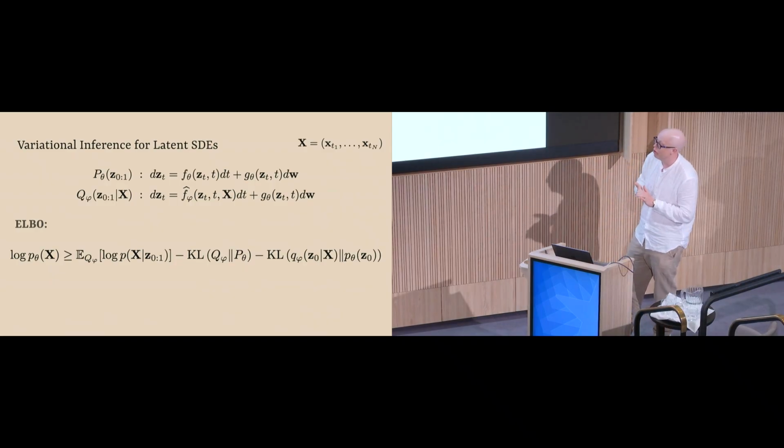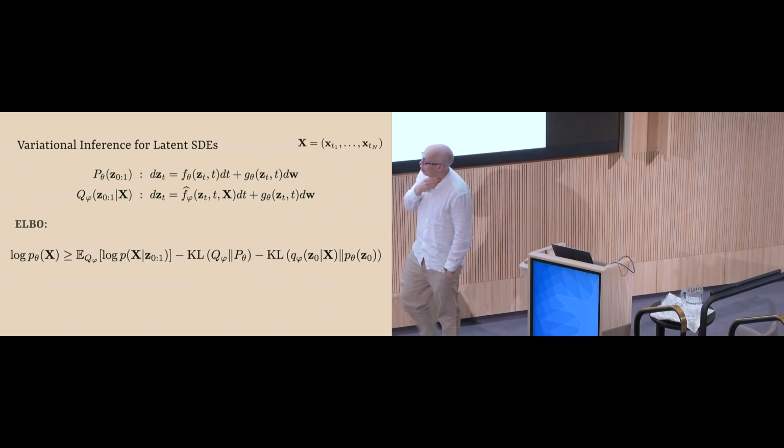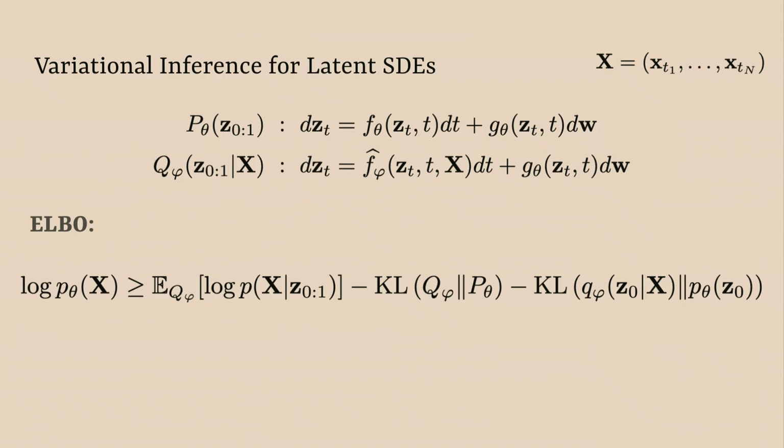That's called the evidence lower bound. And it's a combination of an expected reconstruction term, how well do we fit our data, and then we have an extra regularizer that says our Q, which is the approximation to the posterior of Z given the data X, is regularized so it can't be too far from the prior.